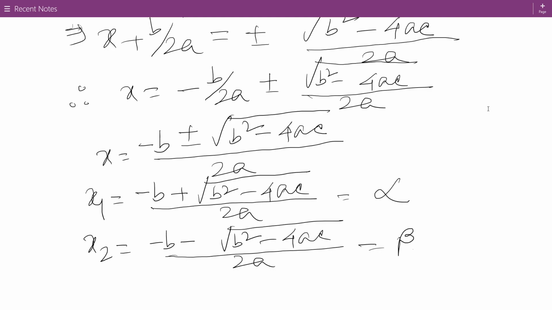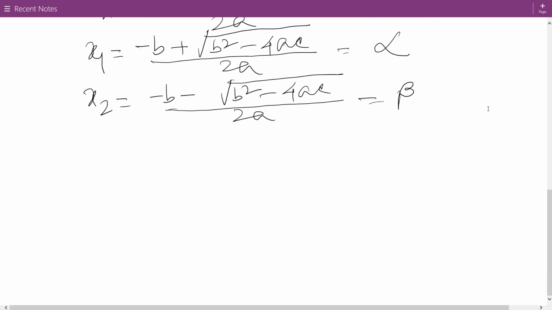Now we calculate the summation of two roots.